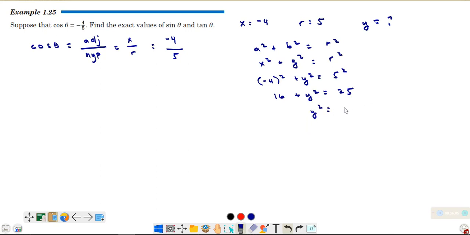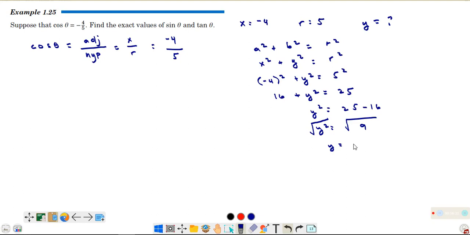Y squared is equal to 25 minus 16. And we have y squared is equal to 9. Ayan. So, to get the value of y, just take the square root of both sides.